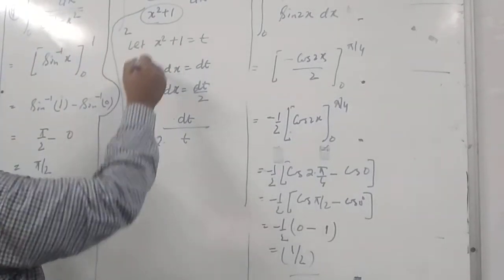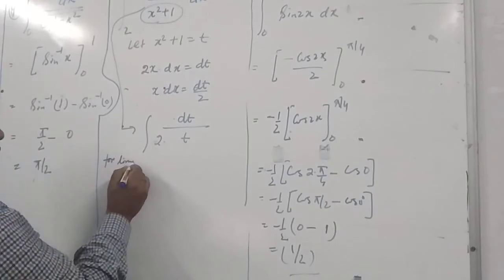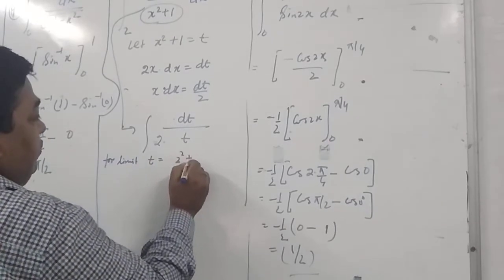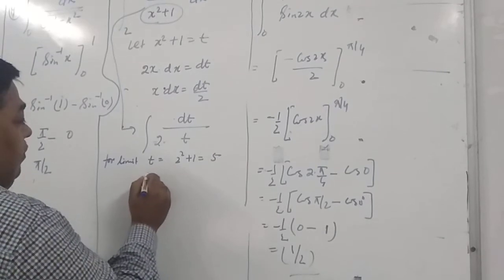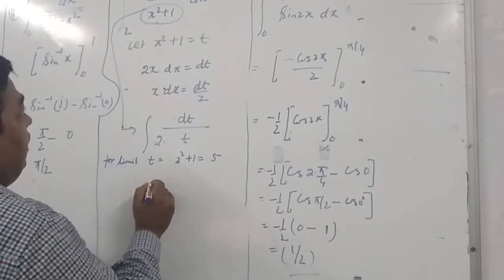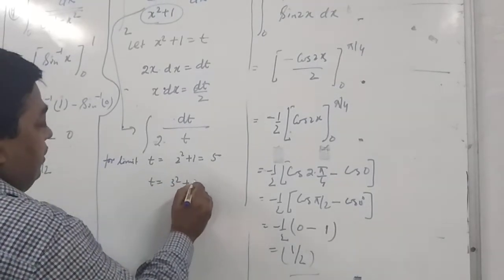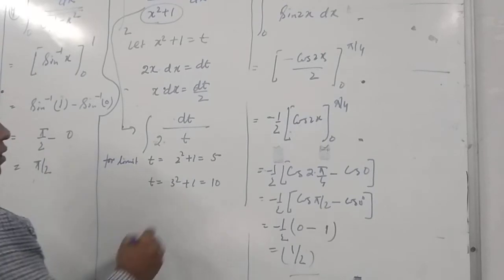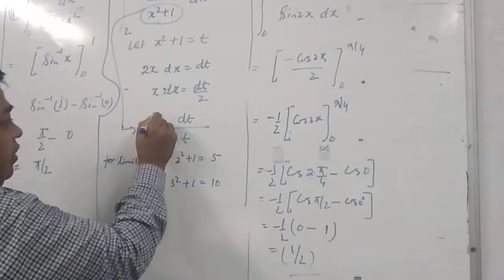Applying x equal to 2 for the lower limit, t is equal to 2 square plus 1, which means 5. For the upper limit, applying 3, 3 square plus 1 is 10. So the limits would be 5 to 10.